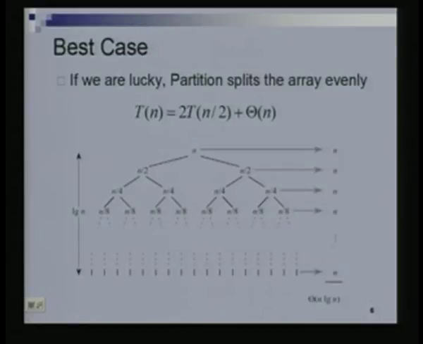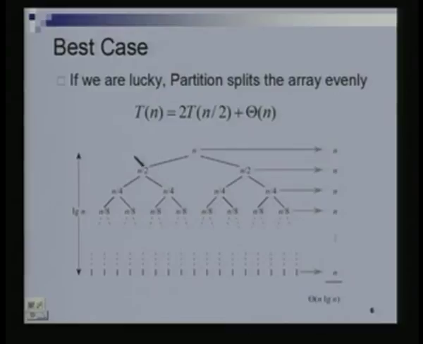Suppose the following was happening, that at every point we were dividing the array into two equal halves. I started off with n elements, and I picked the pivot somehow, or lucky I was, such that it was the median, let's say, which means that half the elements were less, half were more, so half the elements ended up in the left part and half in the right part.